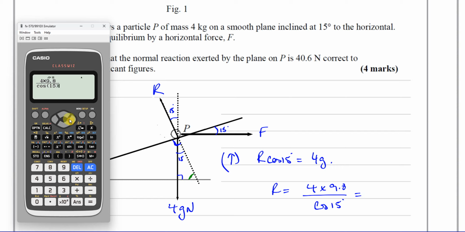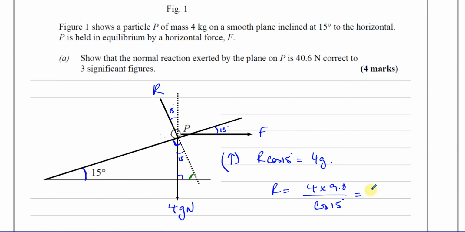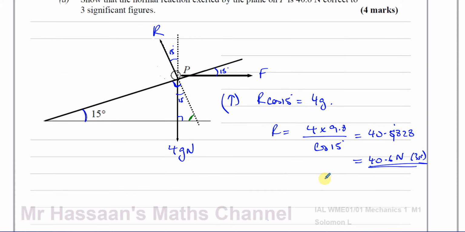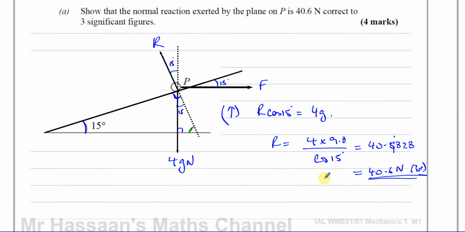Make sure that we're in degree mode. Yes, we are. And that gives us exactly what they want us to show: 40.5828. I'll just write that first. So we've got to show that it rounds to 40.6, so that's 40.6 newtons to 3 SF, as they ask us to show. So that's the way of finding R directly without having to find what F is first.